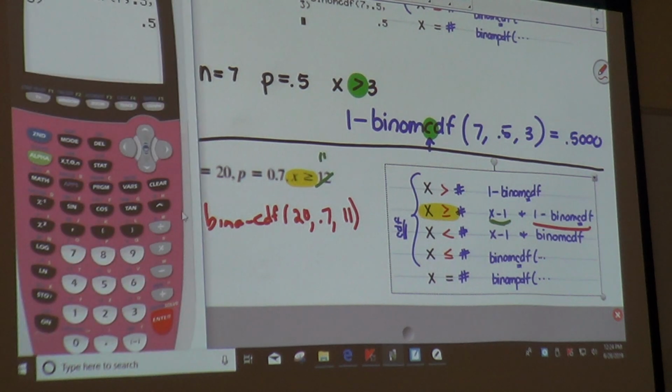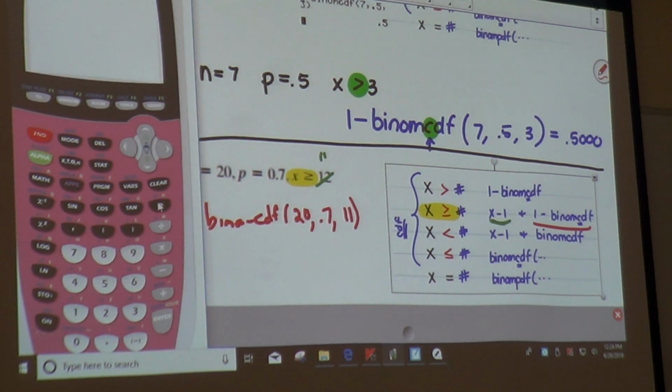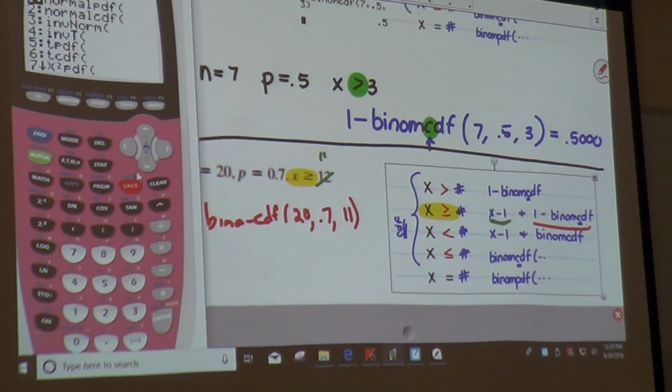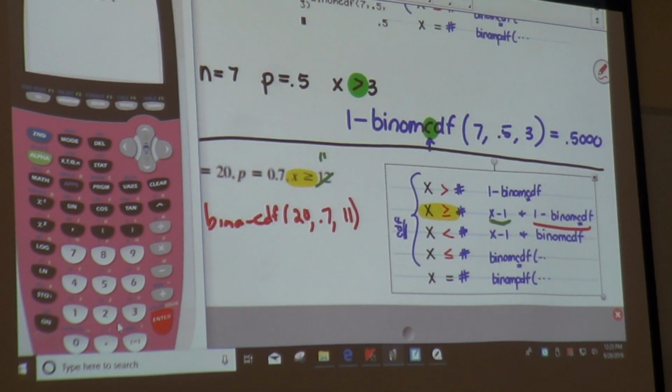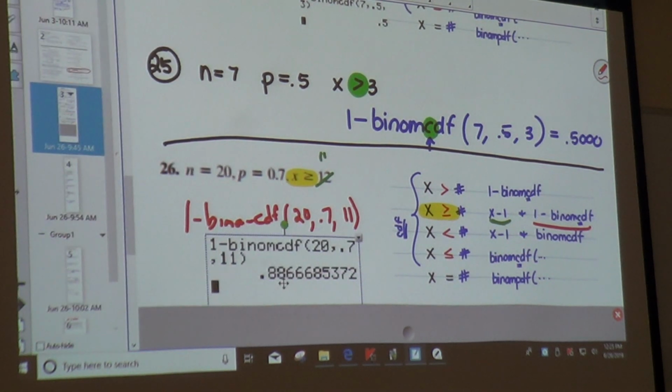So when I come over here, it is going to be 1 minus the binomial CDF of 20, comma, 0.7, comma, 11, and there's my answer.